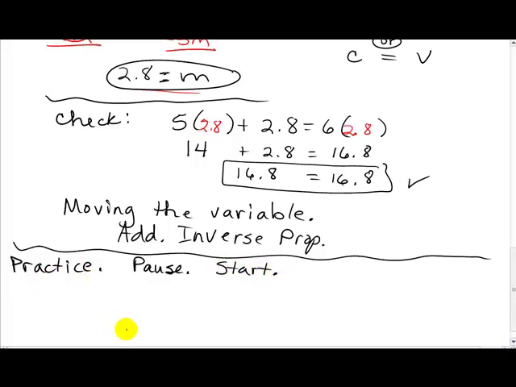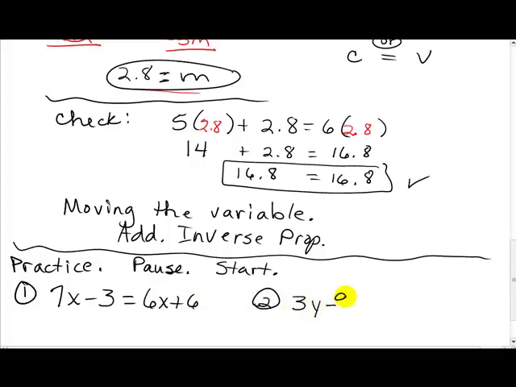Okay, here we go. We have 7x minus 3 equals 6x plus 6. 3y minus 9 equals 4y minus 1.